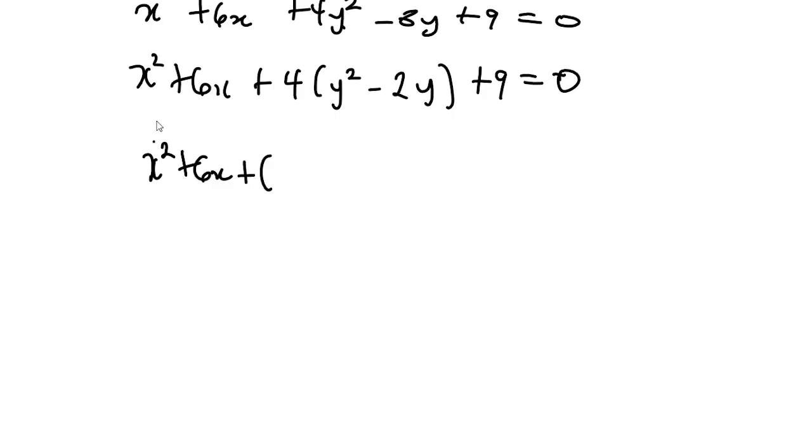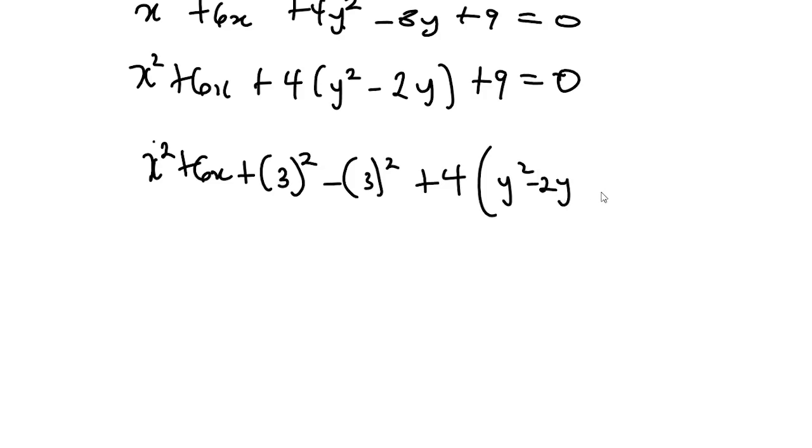Half of this is 3, so 3 squared minus 3 squared. Then plus that one here. We have y squared minus 2y. Then add and subtract -1 squared minus -1 squared, then plus 9 equal to 0.